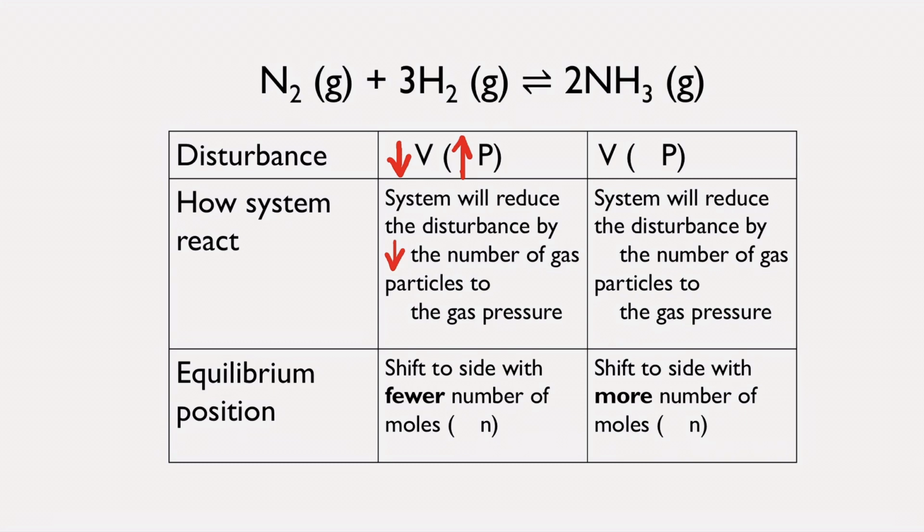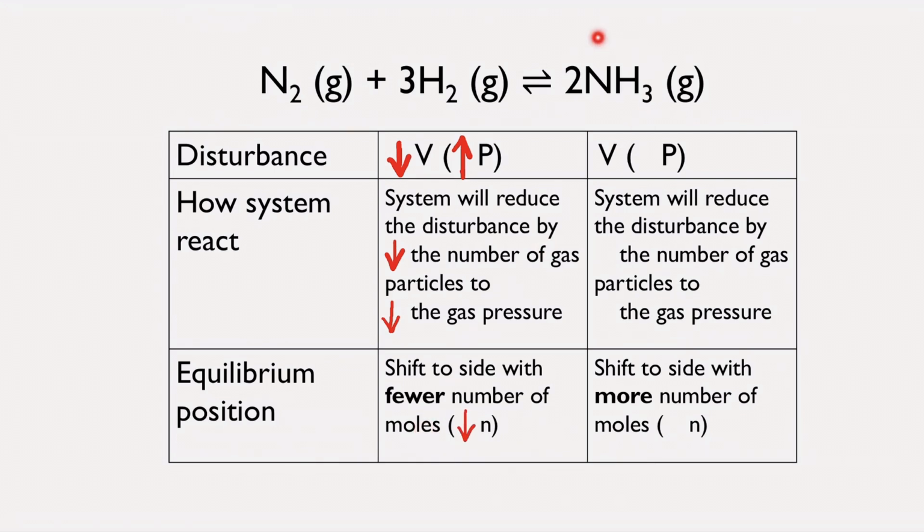Okay. In order to what? In order to decrease the gas pressure. Okay. What will happen to the equilibrium position? It will shift to the side with fewer number of moles so that the number of moles will decrease.